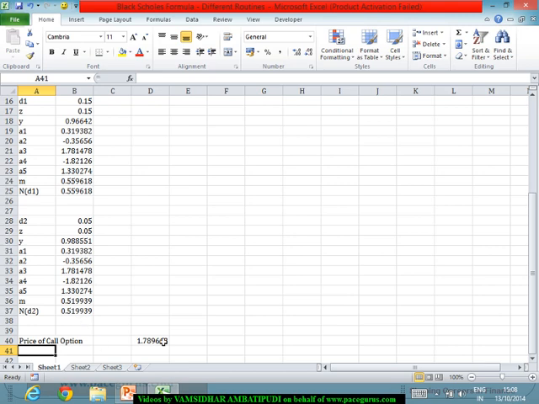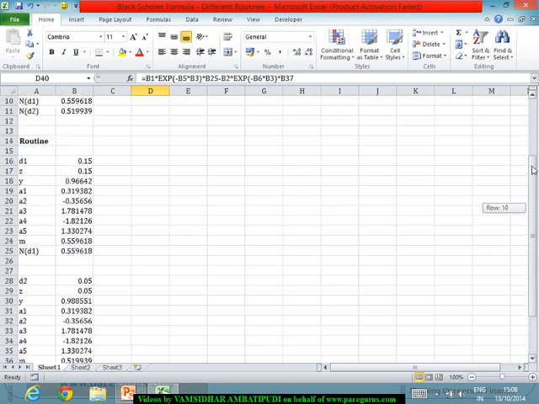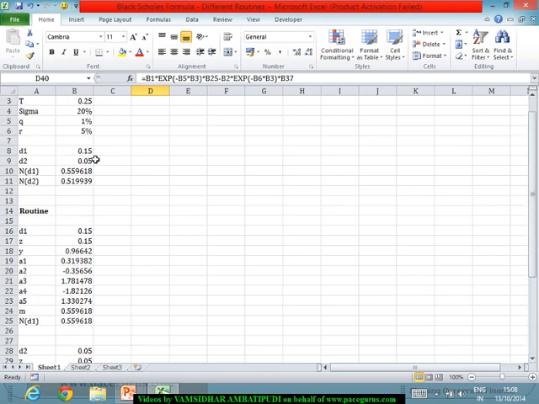So the price of the call option going with this kind of mechanism is working out to 1.789613.